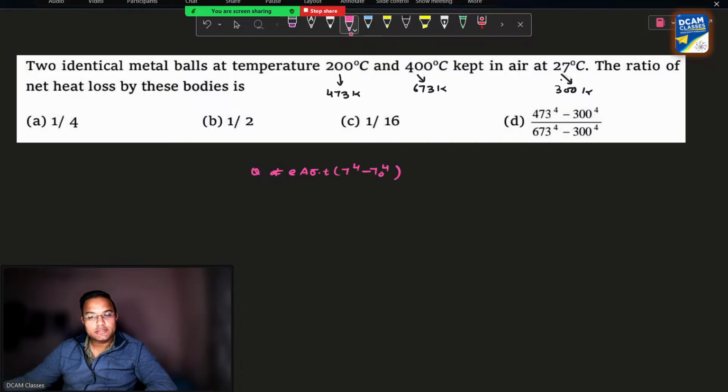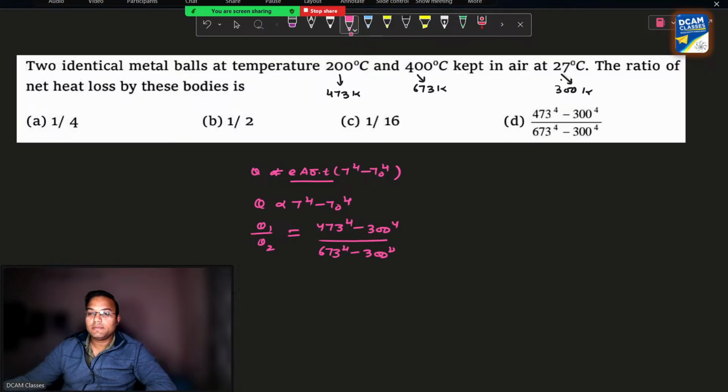Actually, we are not concerned with these things because they are same for both the metal balls, since nothing is given. Assuming they are same, Q is proportional to T power 4 minus T naught power 4. So the ratio Q1 by Q2 will be equal to 473 power 4 minus 300 power 4 divided by 673 power 4 minus 300 power 4. Easy.